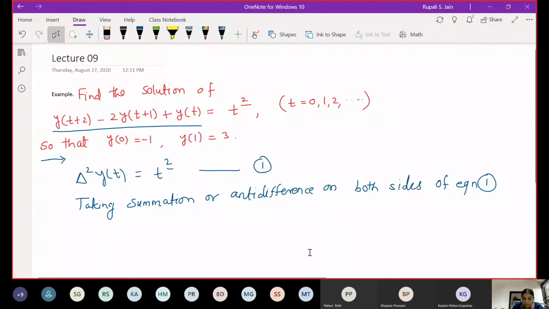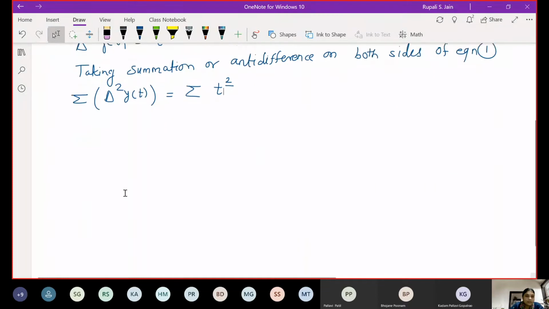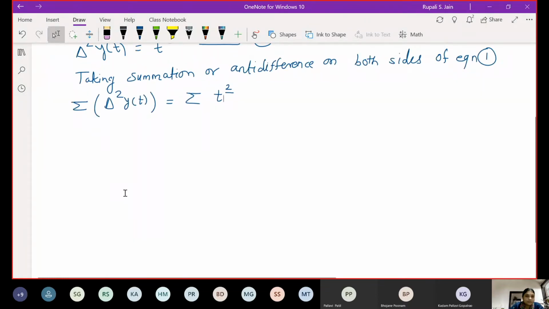If I take summation on both sides, delta square y t is equal to summation t to the 2 falling. Now summation applied on delta will cancel it, only one delta will remain. So I will get delta y t is summation t to the 2 falling. Now what is summation t to the 2 falling?